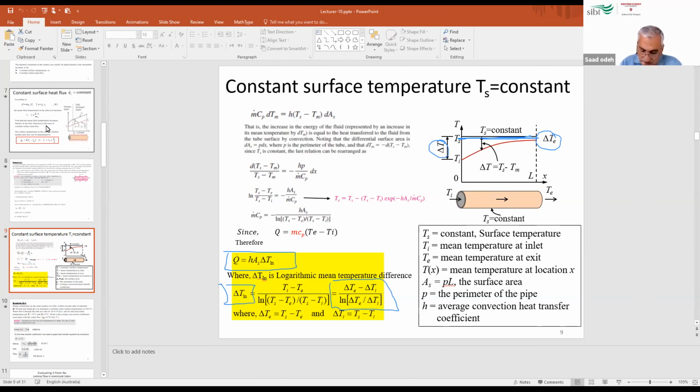So once you know delta Te from this equation, and you know delta Ti from the other equation, you just need to substitute them in the above equation. So this is, in brief, how to find heat transfer in these two cases.